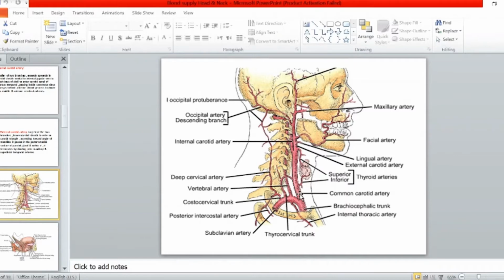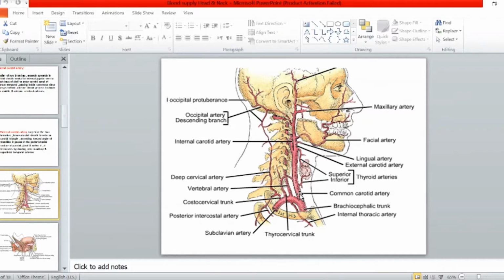Then the two common carotid arteries have the same course in the neck. The left one starts directly from the arch of the aorta as a separate branch, while the right one arises behind the right sternoclavicular joint as a branch of the brachiocephalic trunk.